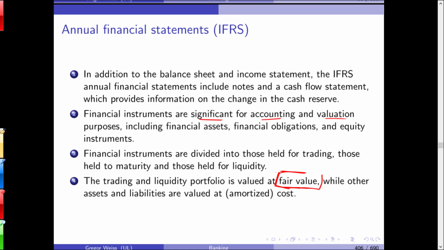These financial products were worthless. IFRS fair value accounting forced banks to write off all of these investments. And at that point, many banks experienced huge losses on their balance sheet because they suddenly had to write off billions and billions in fair value assets.